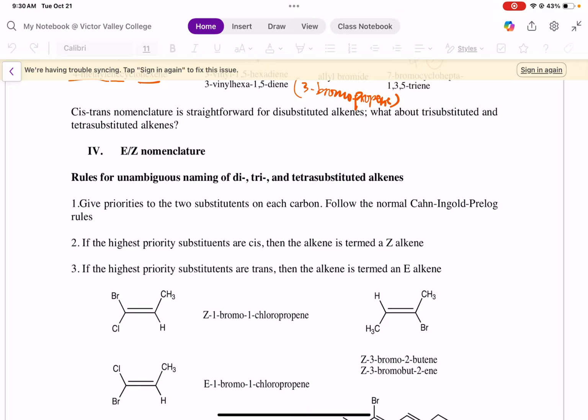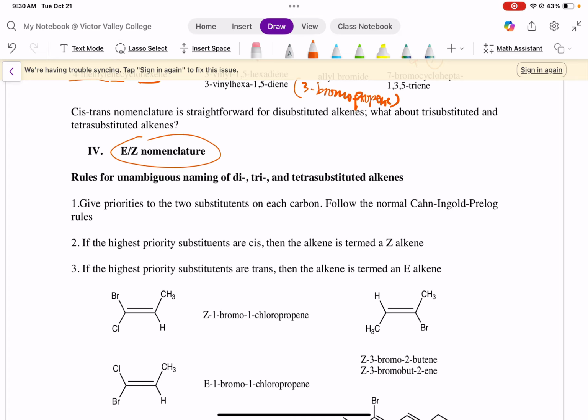All right, we are continuing with alkenes today, starting with easy nomenclature. All right.